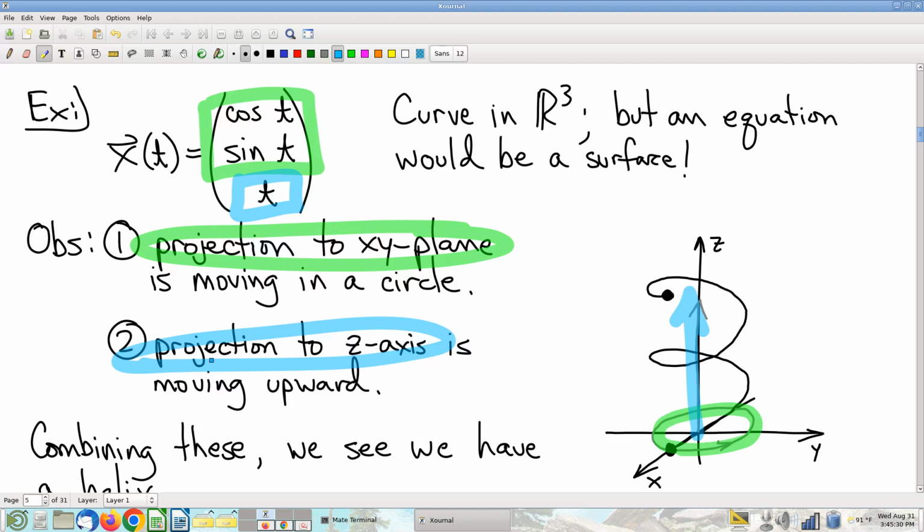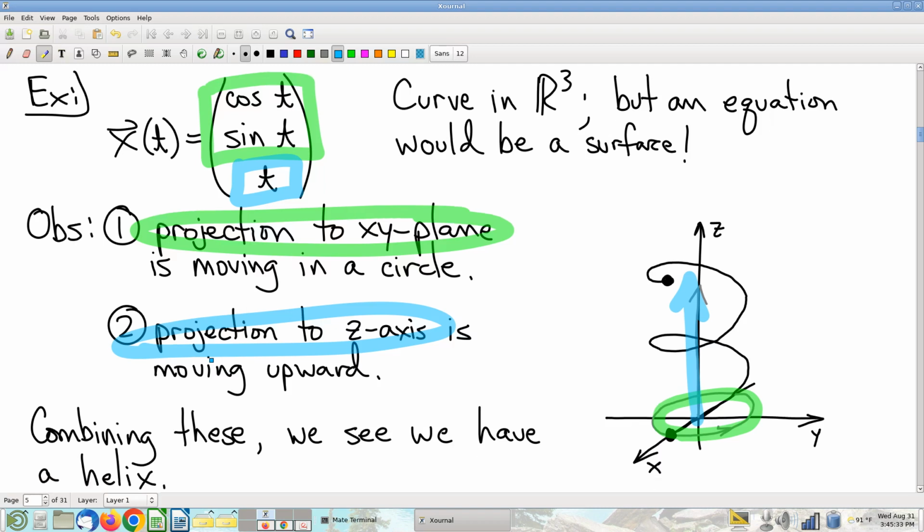So as time passes, our curve is above this shadow, and this is a hard coordination problem, so I hope I can do this. It's above this shadow going around like this, and then rising at a constant rate. It's hard. Going around in a circle and rising at a constant rate.